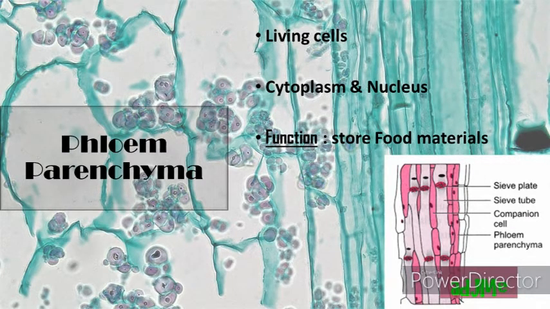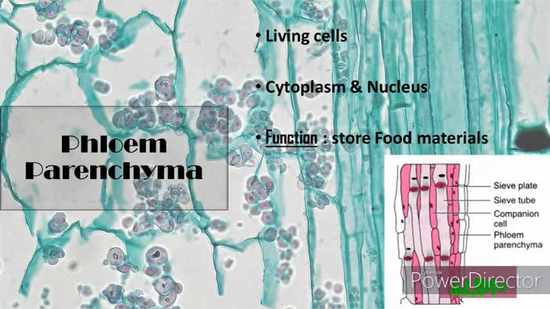Next to this you have companion cells, and adjacent to the sieve elements you also have phloem parenchyma. This photo explains the structure, and in the background you have a microscopic view of the phloem parenchyma, almost similar. Where you have sieve elements, next to that you have phloem parenchyma on the right hand side.